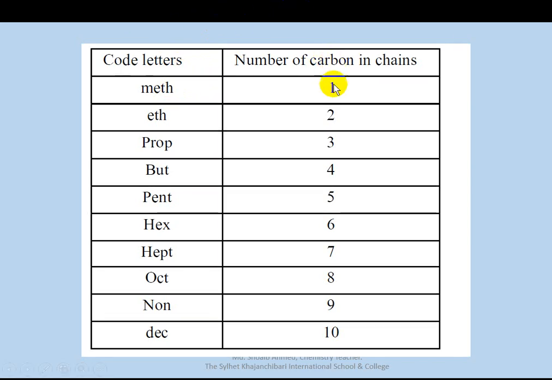If the carbon chain has 1 carbon, the prefix is meth; 2, eth; 3, prop; 4, but; 5, pent; 6, hex; 7, hept; 8, oct; 9, non; and 10, dec.